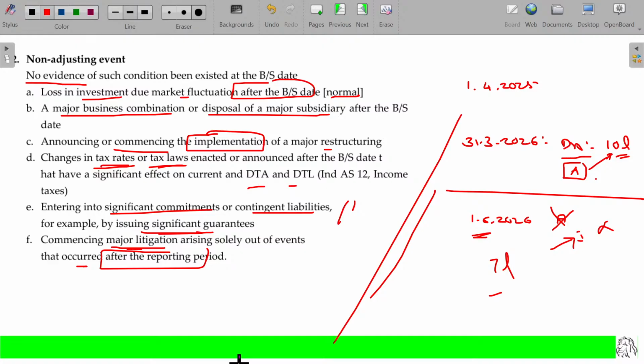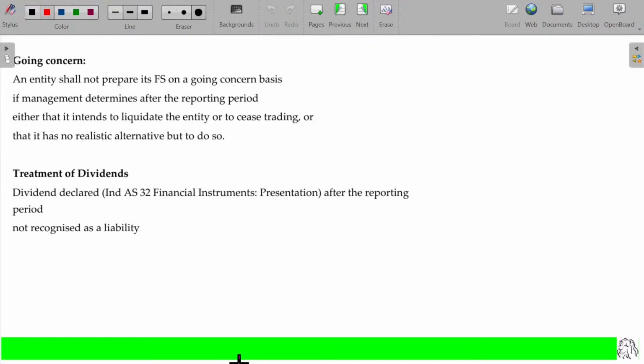Now, going concern. This is one of the very, very important points to be noted here.